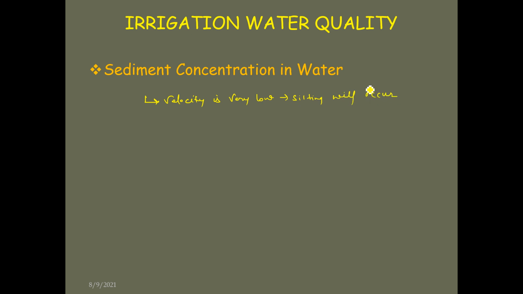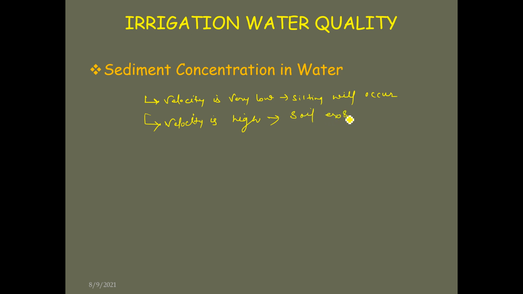Suppose there is a canal through which the water is coming, and if the water velocity is very low, then the small particles will settle down to the bottom of that canal. And if the velocity of the water coming through the channel is very high, then there is a problem of soil erosion.